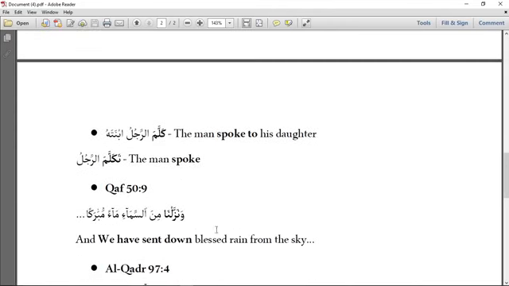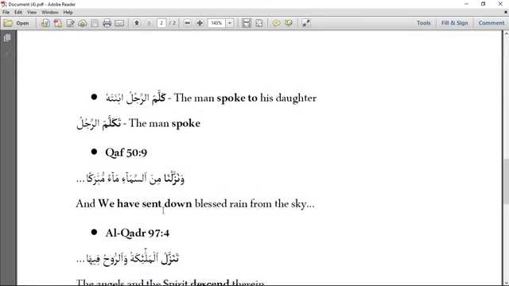Examples from the Quran, we have وَنَزَّلْنَا مِنَ السَّمَاءِ مَاءً مُبَارَكًا, and we have sent down from the sky blessed water, that is the blessed rain. So from this shape we have nazzala. Taking it to the plural form, we have nazzalna. So this is the 4-lettered verb that is transitive.